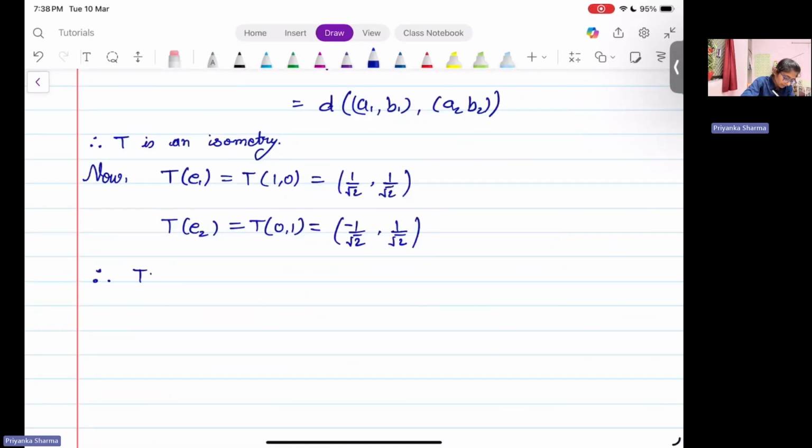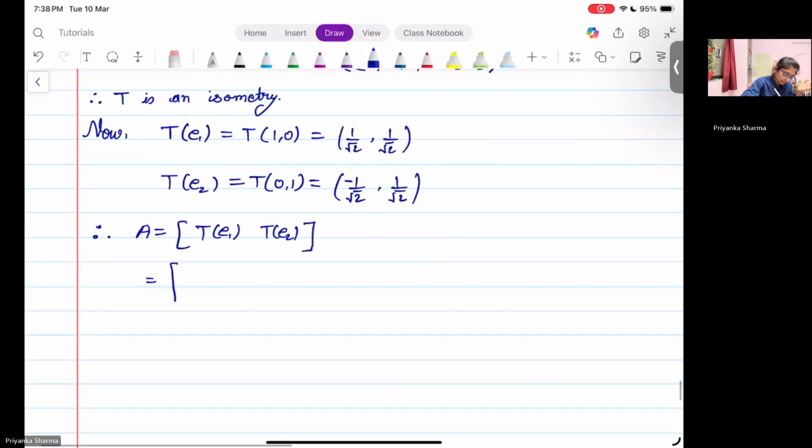Therefore, the matrix A will be a matrix formed by TE1 and TE2 column wise. Okay, so this is matrix 1 by root 2, 1 by root 2, minus 1 by root 2, and 1 by root 2.